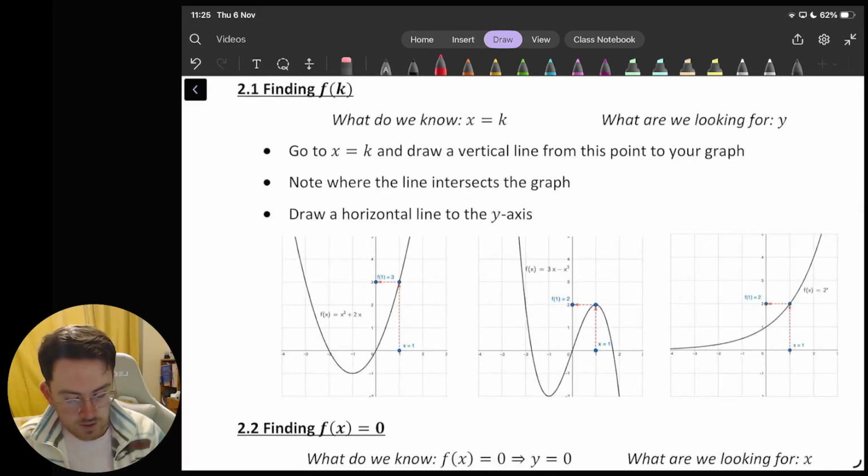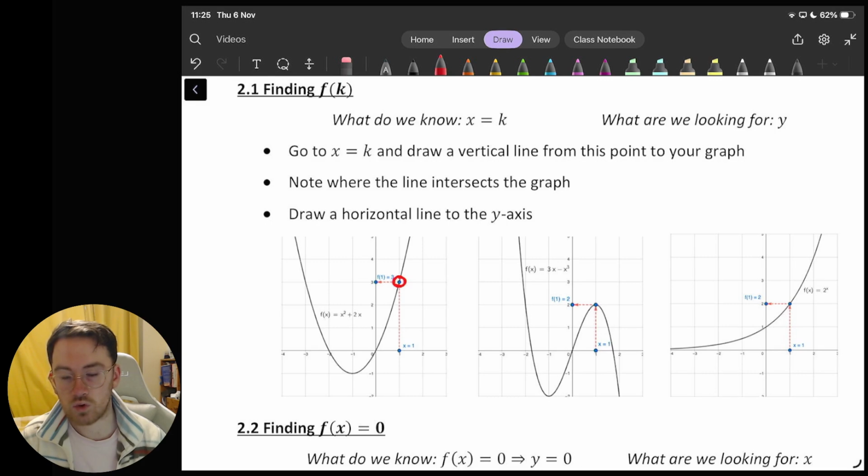In essence, all I'm doing there is I'm going to the point on my graph or on my curve that has that x value, and I'm seeing what the y value is at that point as well. So really, if you were to circle the coordinate, you could probably work out the value as well, but we really want to spell it out here and show off our knowledge.